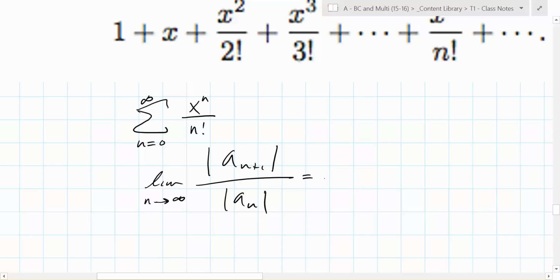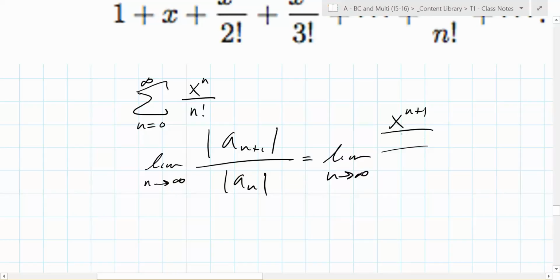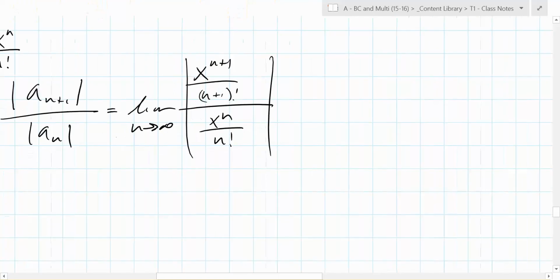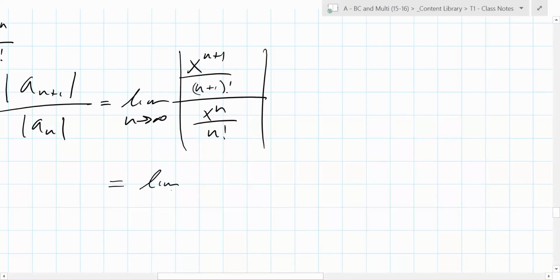So what would be the next term if we wrote this out? x to the n plus 1 over n plus 1 factorial, over x to the n over n factorial. Great. So what does that equal? That equals the limit as n goes to infinity of x to the n plus 1 over n plus 1 factorial times n factorial over x to the n.